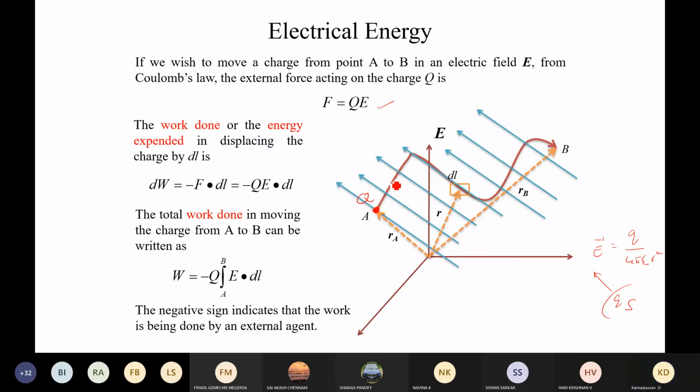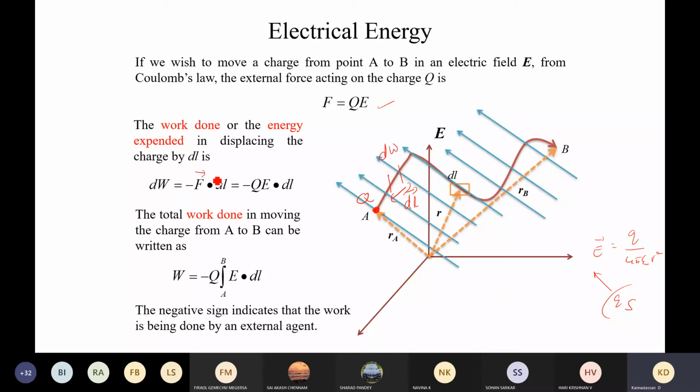Okay. In order to calculate the total work done, or the total energy required to move this point charge from A to B, we have multiple paths, so the best way is to calculate over a small length. We are going to calculate over a small length, and this dl is going to be a vector because it defines a direction. By multiplying this with the force, you will get the small work done, which is a scalar one.